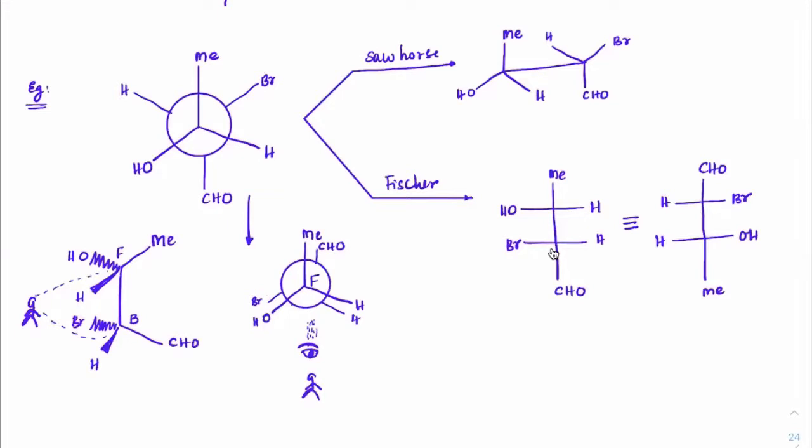With respect to these two carbons, you will find a line here. This is that line. And you will see this methyl is on the same line, because when you are watching, this entire molecule should become 2-dimensional. So this methyl will come on that same line. This CHO should come on the same line here. This is that line.